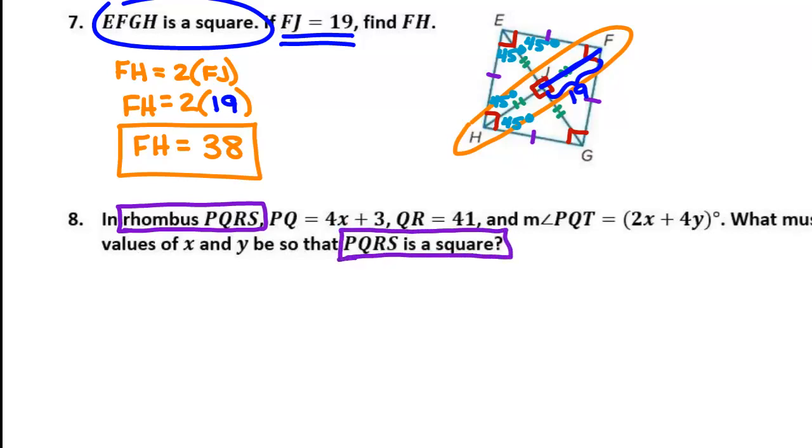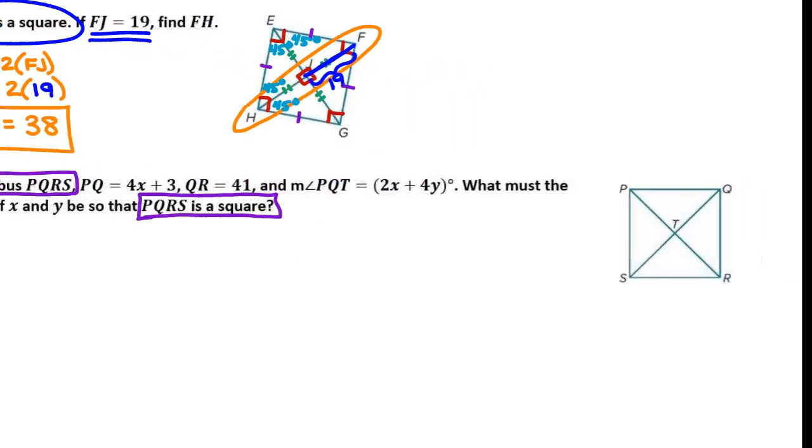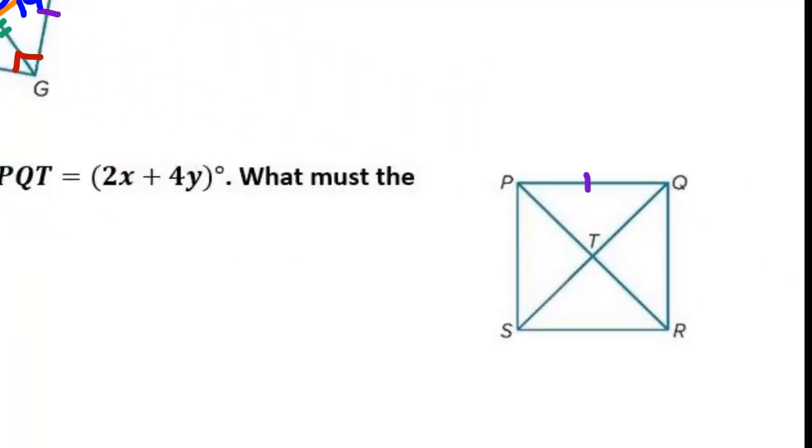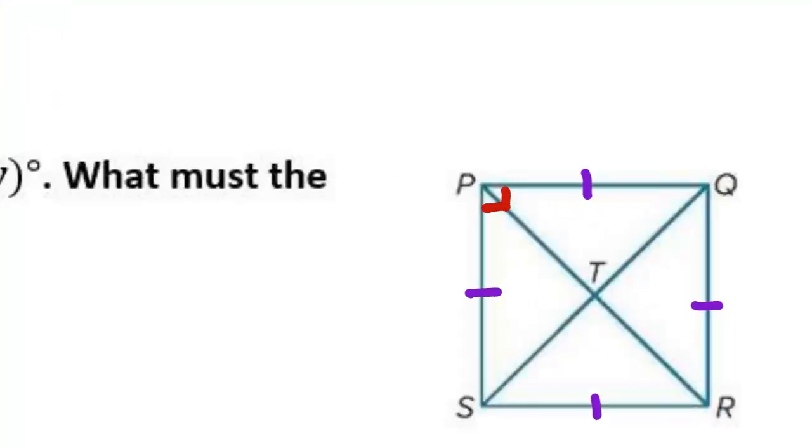So I'm going to solve this as if it was a square. I know for a fact it's a rhombus. I'm going to apply all of the properties of a square to this figure, and then we're going to figure out what x and y would have to be to make that true. So I know that all four sides of the square are congruent to each other. I know that all four corners of the square are right angles.